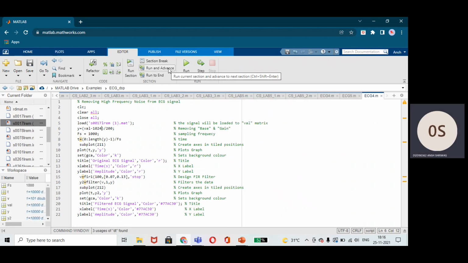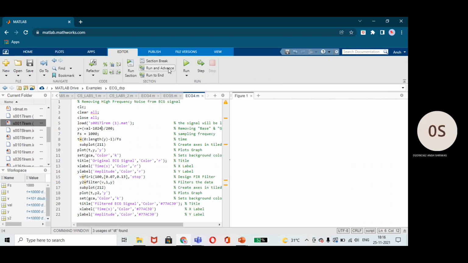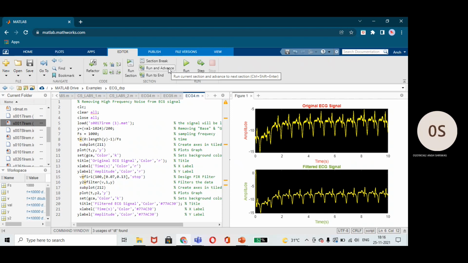Let's run this. You can see this is the original signal and this is the filtered ECG signal. The filtered ECG signal is crisp, while the ECG signal which we downloaded was a little disturbed.